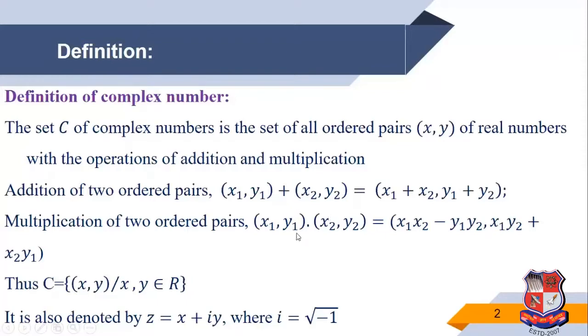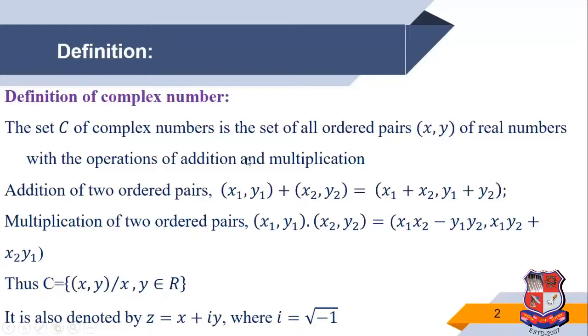So if two complex numbers (x1, y1) and (x2, y2) are given, then the multiplication and addition are defined in this form. Then a complex number is nothing but (x, y) such that x, y belong to R. It is also denoted by z is equal to x plus iy, where i is equal to the square root of minus 1.